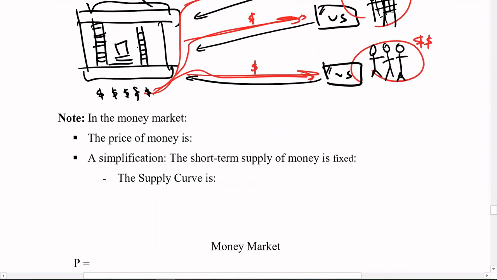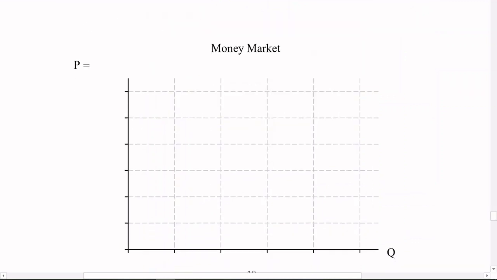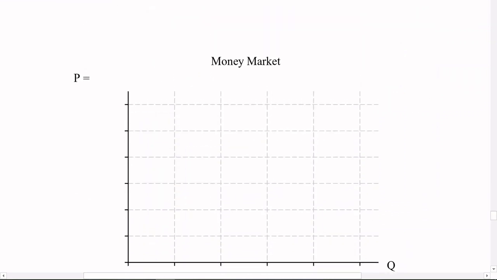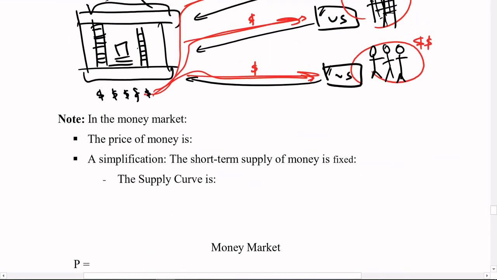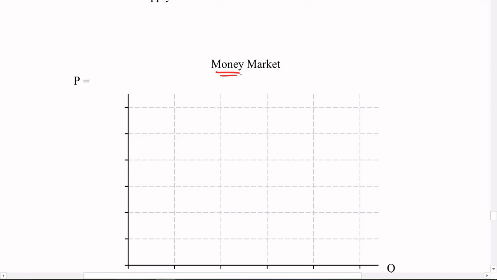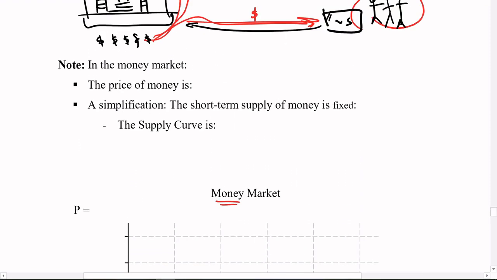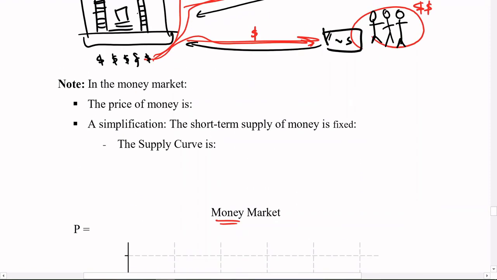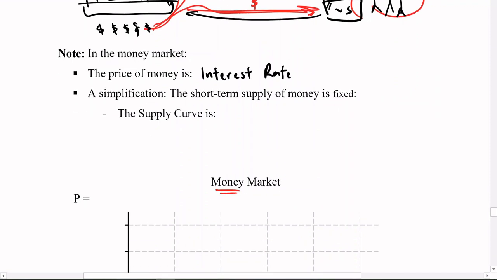Okay, so to do that, we're going to use a little bit of a supply and demand model. So taking you back, what we're going to do here is the supply and demand for money. When we're talking about that, the price of money is, like I mentioned before, the interest rate. And in particular here, we're going to be thinking about the federal funds rate.